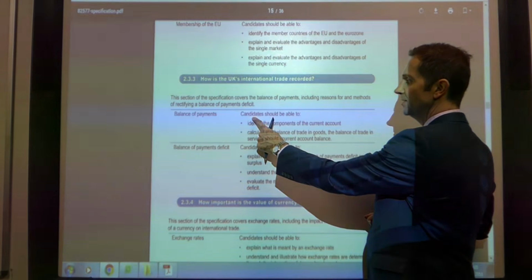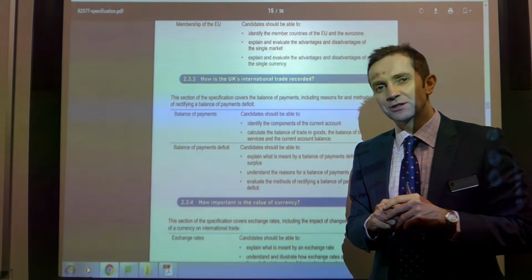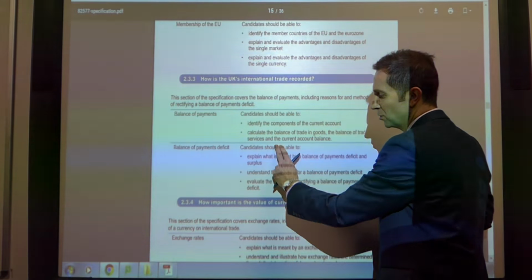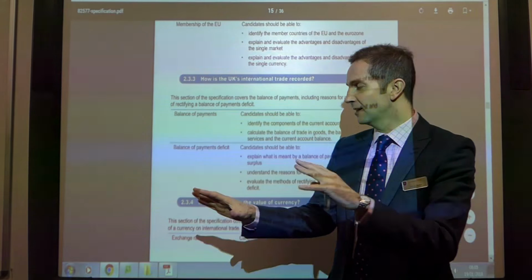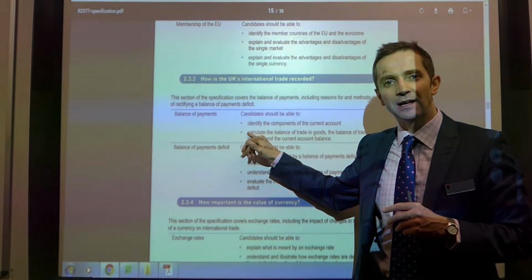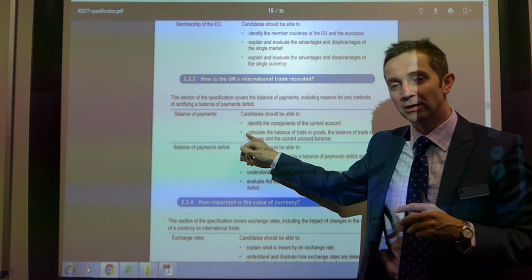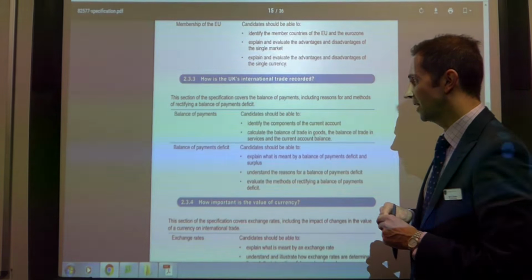It says here, candidates should be able to. Now, because it says candidates should be able to, if you can do all of these things, the exam board is not allowed to ask you anything above and beyond that. So really, prepare to answer these 5 bullet points, and you'll be absolutely hunky-dory fine for the exam.